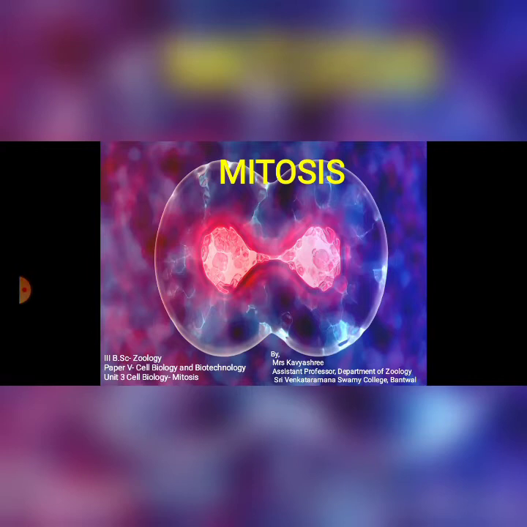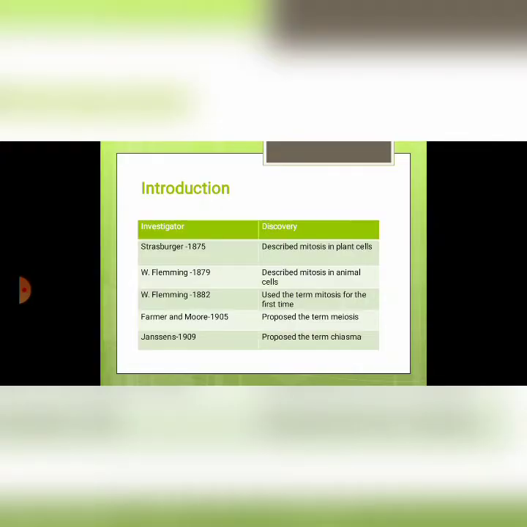In the last lecture we have already discussed different stages of the cell cycle, where we discussed interphase in detail. So before dealing with the actual stages of mitosis, let us see some early discoveries in cell division. The scientist Strasburger in 1875 described mitosis in plant cells, whereas Walter Fleming in 1879 described mitosis in animal cells.